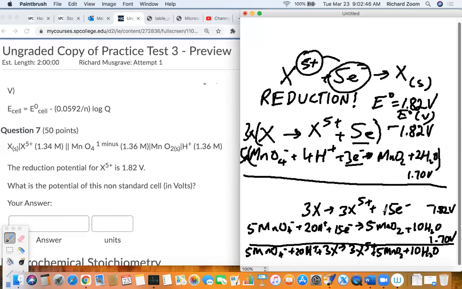And you'll notice that the electrons will cancel here. And then we can add these voltages together, and I'm going to get negative 0.12 volts.